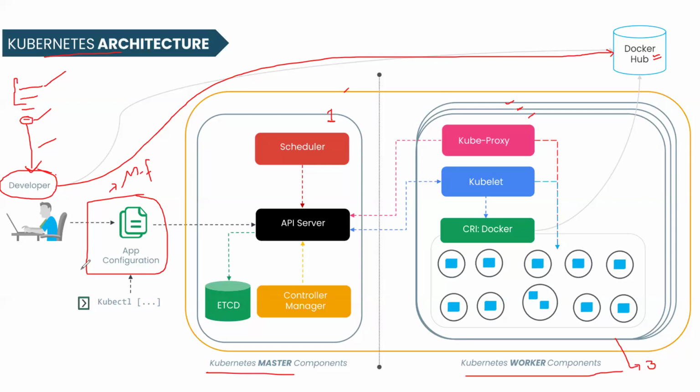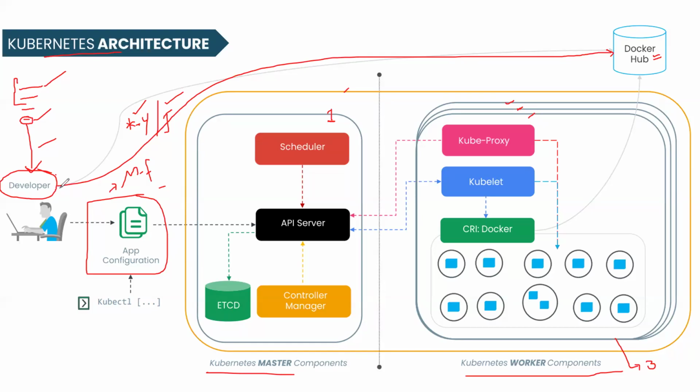Similarly here, developers will prepare this manifest file, and it will be in the form of YAML scripting or a JSON file format. It can be a YAML file or a JSON file. I'll show you how to create a manifest file and what all the entities are, once we start working on it.